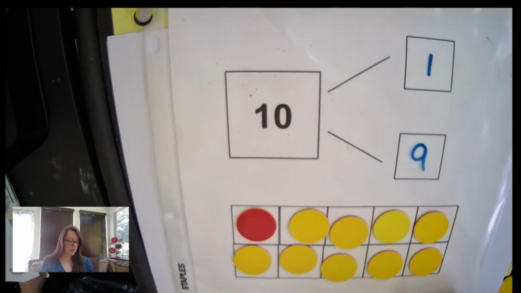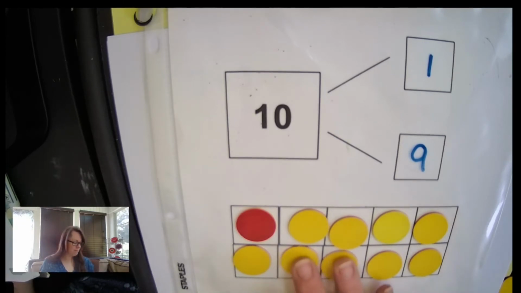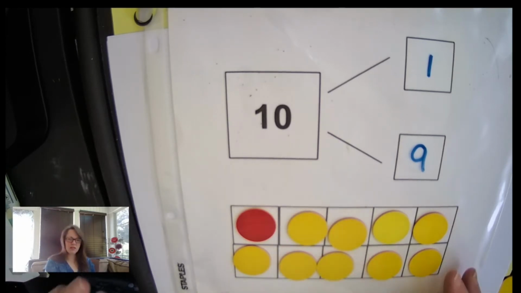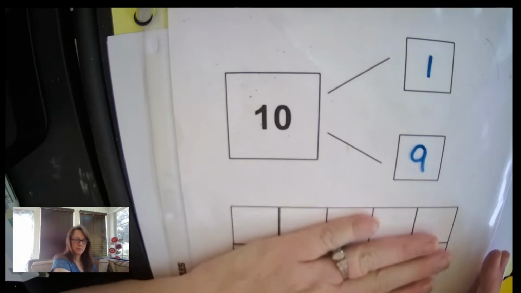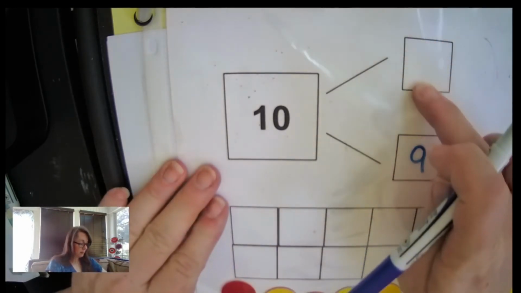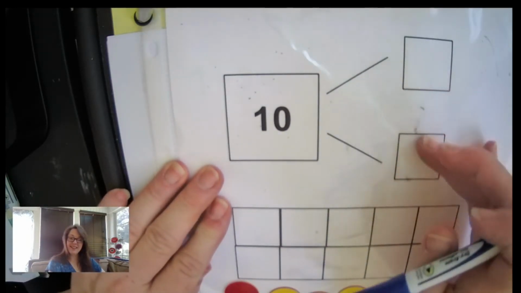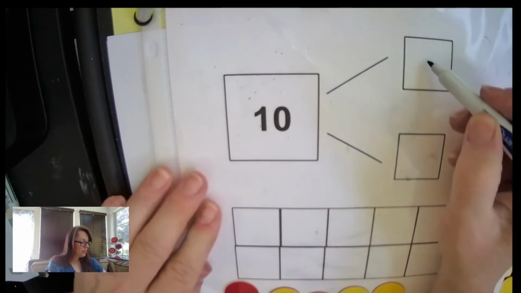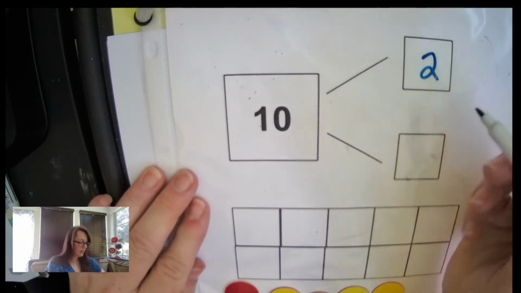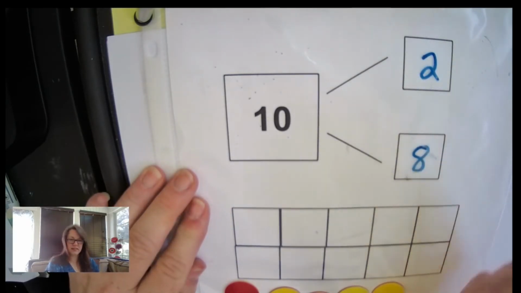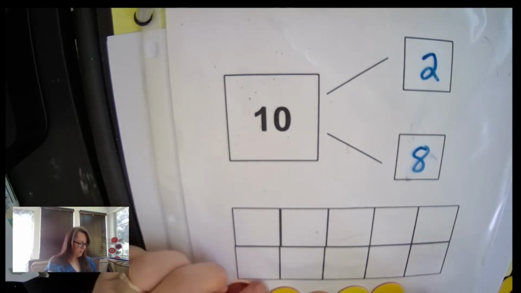So 1 plus 9 equals 10. What's another one? Good. 2 and 8 equal 10.